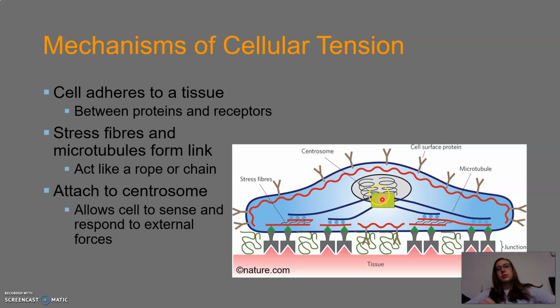The microtubules then connect to the centrosome. The stress fibers and the microtubules are acting as the rope in this situation and exerting tension between tissue and the cell. This tension allows the cell to sense and respond to external forces which might be acting upon the cell.